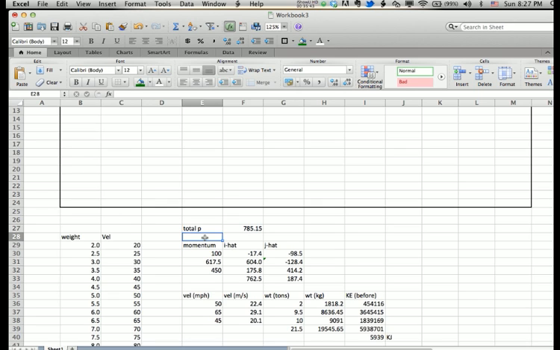So if I want to find the velocity of the 3-car mess afterwards, I can do that really easy because momentum is mass times velocity. So I can just take my momentum, which is right here, and divide it by my mass of the 3 cars, which is all the way down here. We've totaled up the tonnage right here. So I'll divide it by the 21.5, and I'll get a velocity in miles per hour. That'd be the velocity in miles per hour, right there.